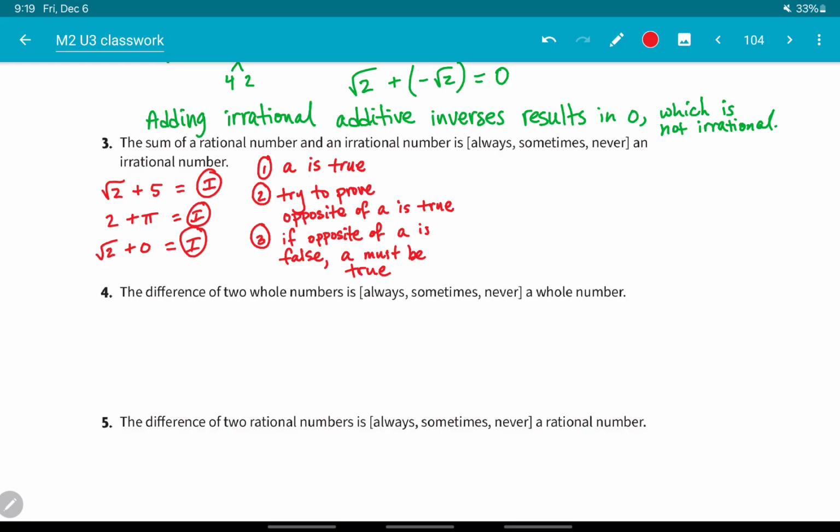So let's try a proof by contradiction for this statement. We're going to start with A plus B, and we're going to say A is a rational number and B is an irrational number. And we want to get some result here that's rational.